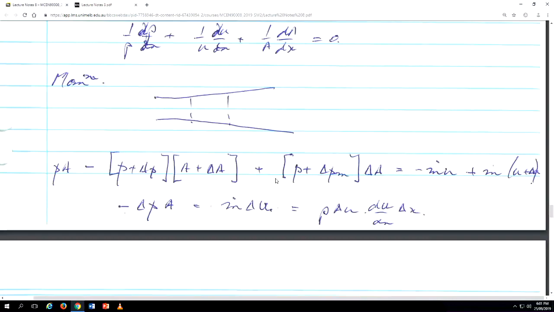But the surface is not parallel in general. I've said that there's a change in area from here to here. So there is some component of the force on that surface which acts in the x direction. And I want to work out roughly what it is.